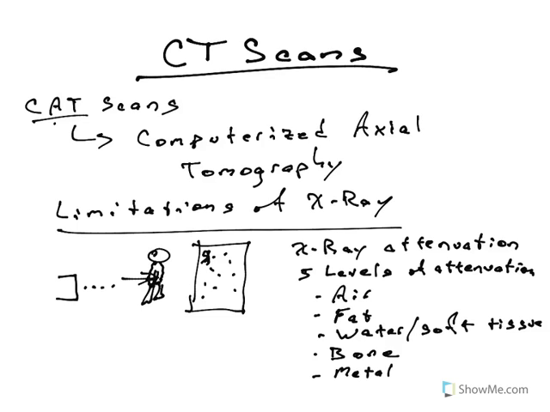If you want to see the heart, for instance, and the rib cage is in the way, well, there's going to be certain parts of the heart that you don't see, because as the X-rays tried to pass through to hit the heart, they first had to make it through the bones in the rib cage. But the bones, of course, absorb all the X-rays.